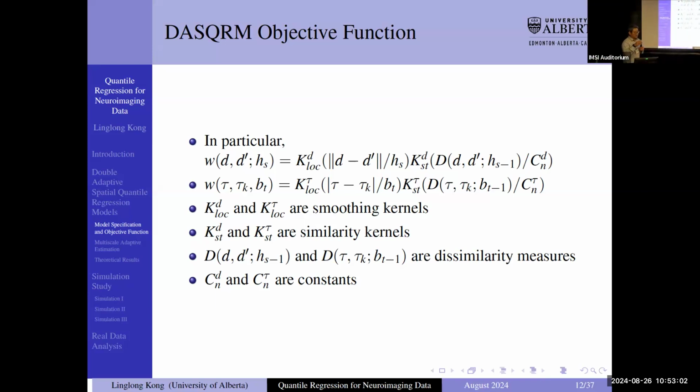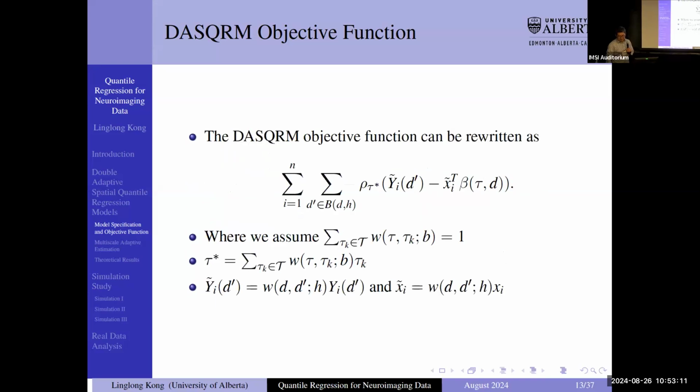If the estimates are quite different, then through the second term we borrow less information. Therefore, we can separate. Eventually, with a little bit of organizing, it becomes this single loss function. Here we have a weighted quantile level tau star, and we have this transformed response and covariates.